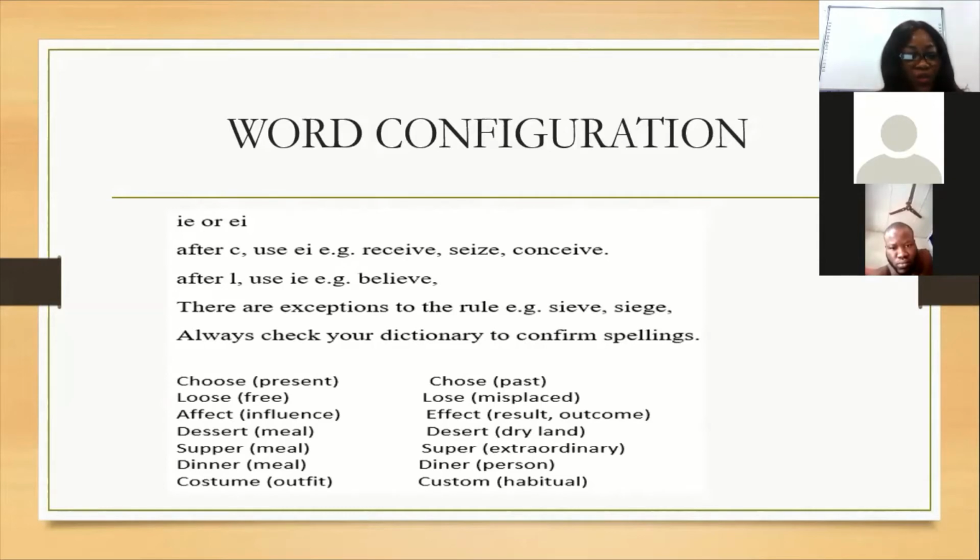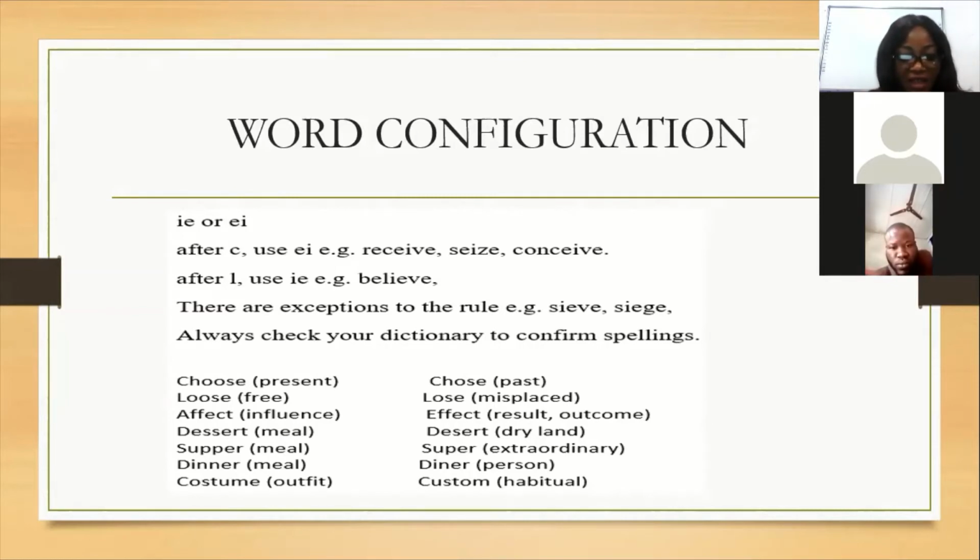The choose with a double O is a present tense form, whereas the chose with the single O is a past form. And of course, you have the loose, which with a double O simply means something that is free. You could have a knot that is loose, all right? Whereas the lose with a single O means something that is misplaced. And you can go on and on. There are other words there.